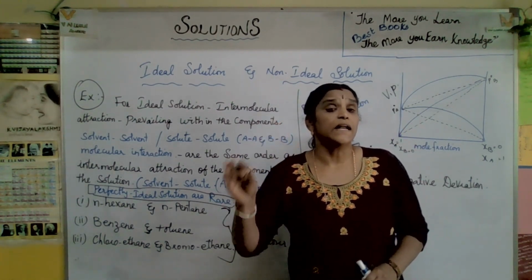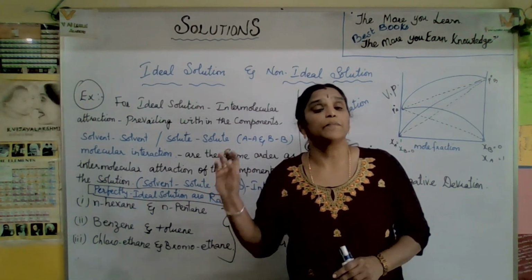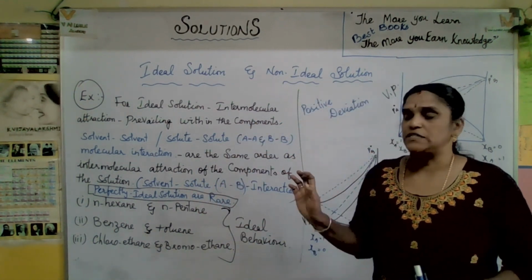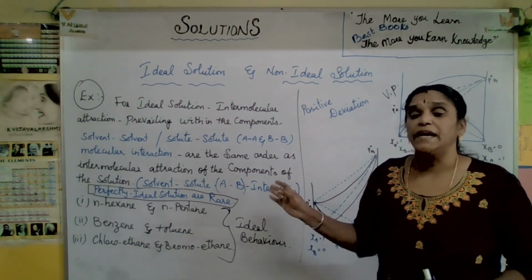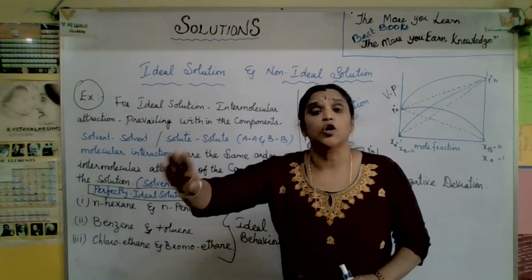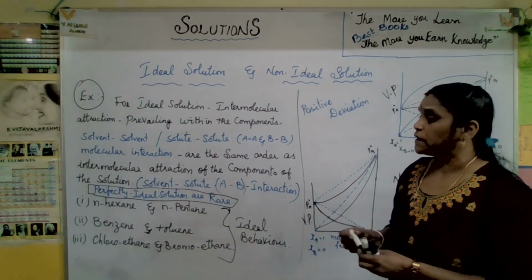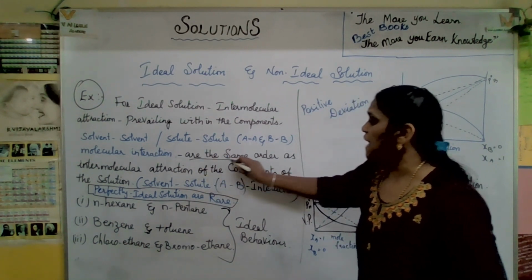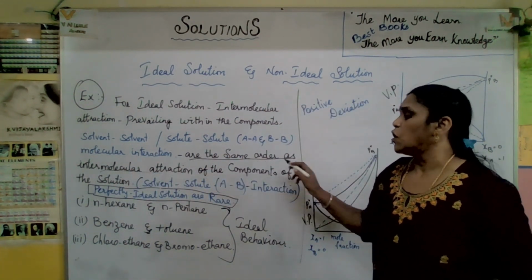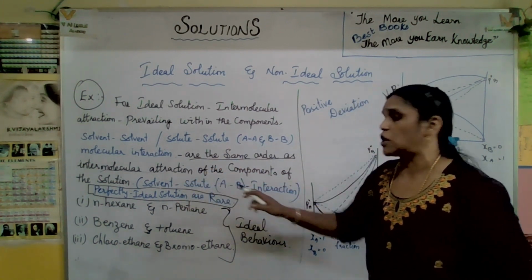Examples of ideal solutions may definitely be asked in the board exam, in the form of choose the correct answer. Hope you got the idea that the molecular interactions of solvent-solvent and solute-solute are of the same order as the intermolecular attraction of the components of the solution, that is solvent and solute.